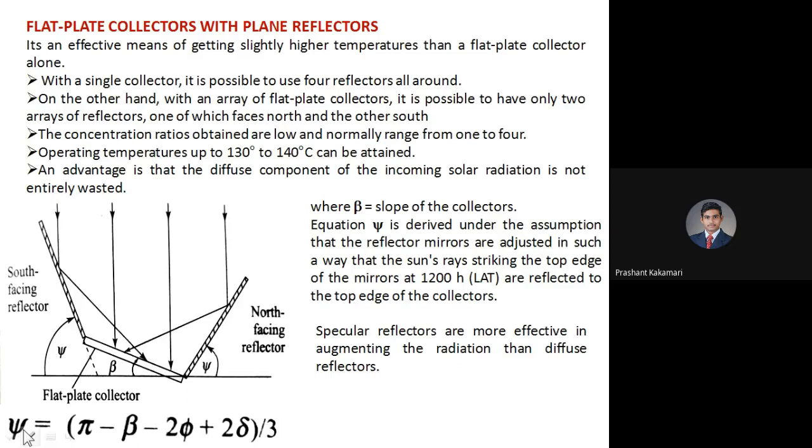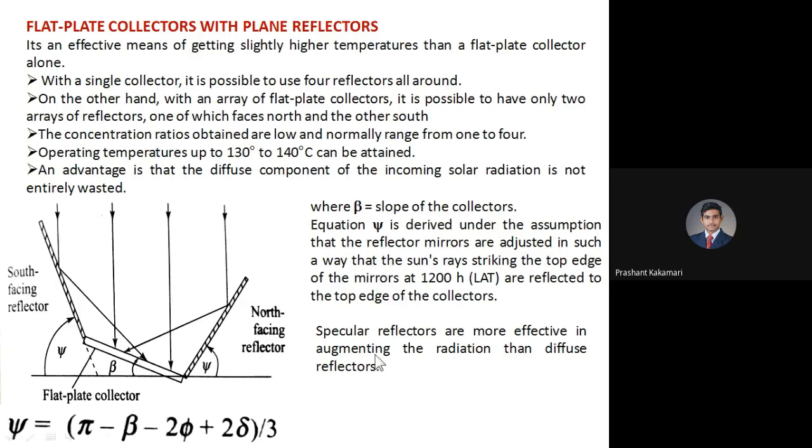You can keep one range of angles, and by programming the tracking system or by some mechanism, one can track this flat plate collector and reflectors all combined from sunrise to sunset, so that maximum solar radiation can fall on the flat plate collector.